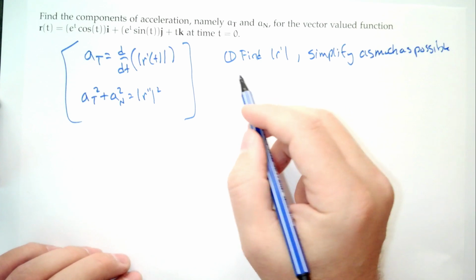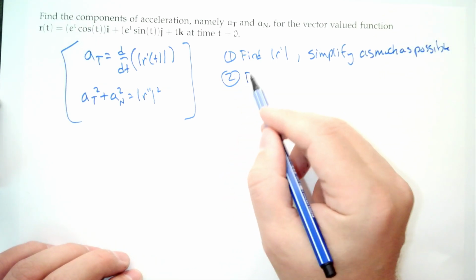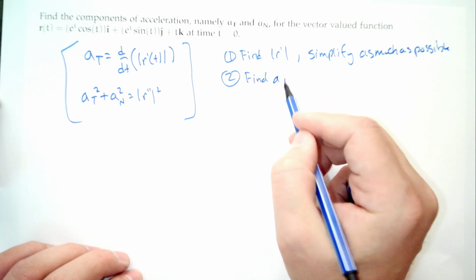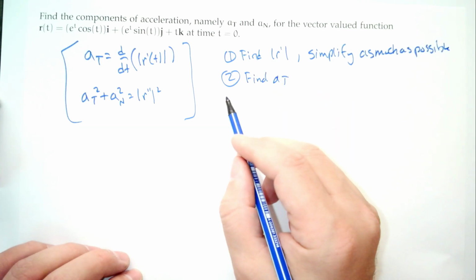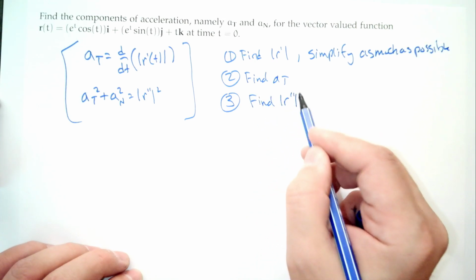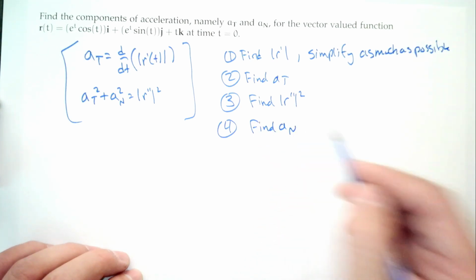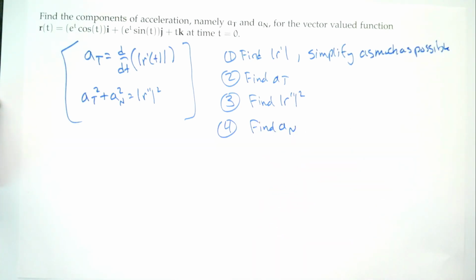You should expect things to simplify. Step 2, find a sub t, because once you found this, you can get a sub t for free. Step 3, find r double prime squared. And then step 4, you find a sub n. No one step is very hard. As long as you can remember your basic setup, you're good to go.